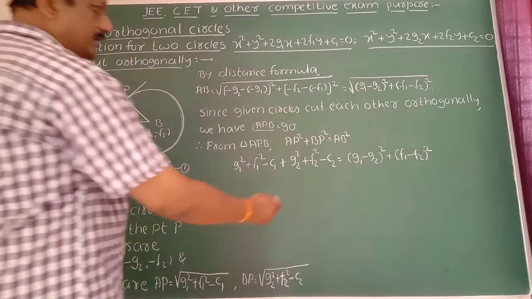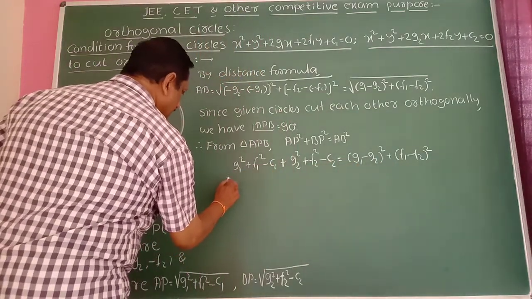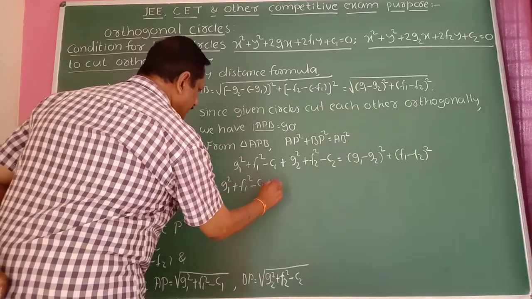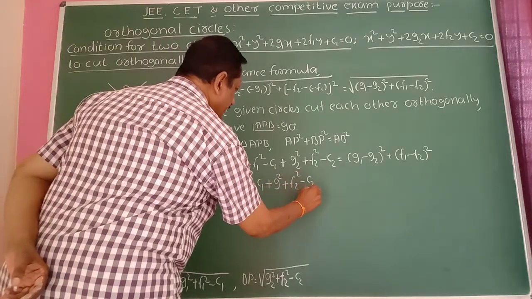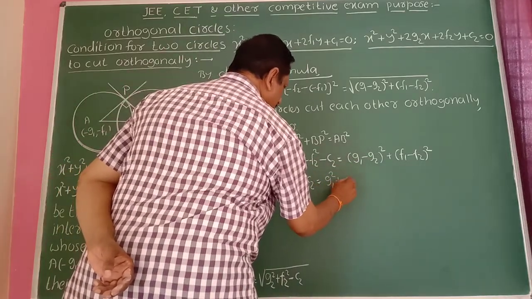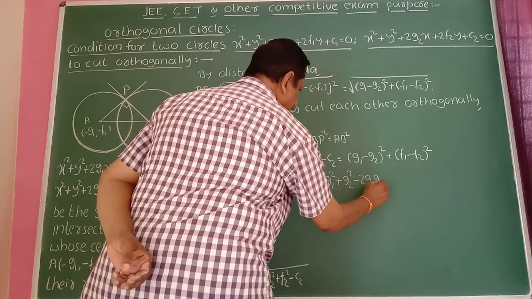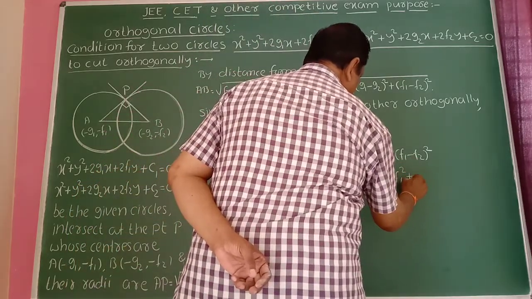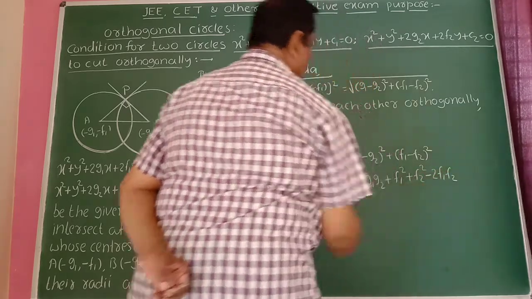Then expand these results. You write these terms as they are: g1 square plus f1 square minus c1 plus g2 square plus f2 square minus c2 is equal to g1 square plus g2 square minus 2 g1 g2 plus f1 square plus f2 square minus 2 f1 f2.